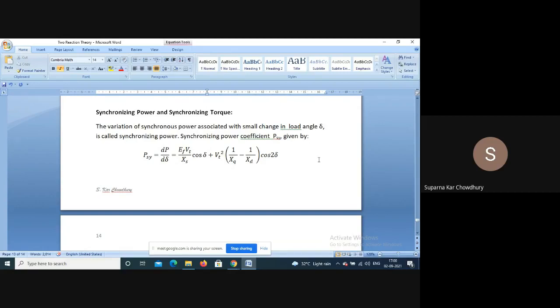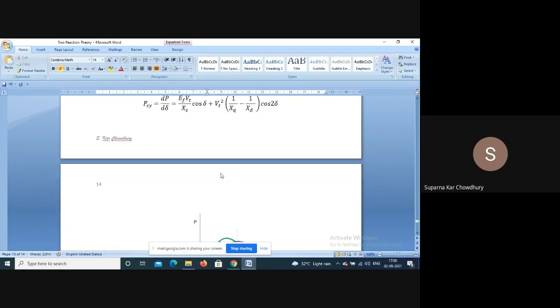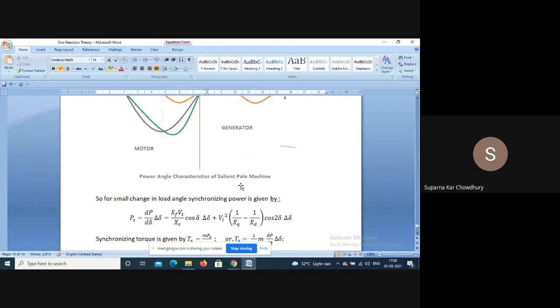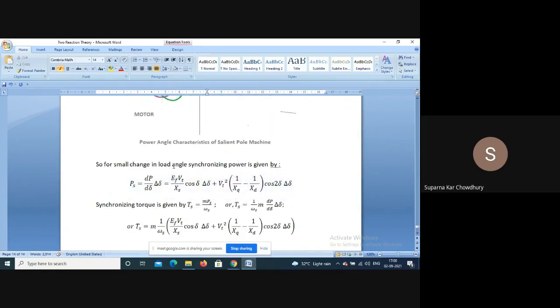That is also true for the cylindrical rotor. So the synchronizing power coefficient for the salient pole machine is given by this expression. For a small change in load, synchronizing power will be the synchronizing power coefficient into del delta.